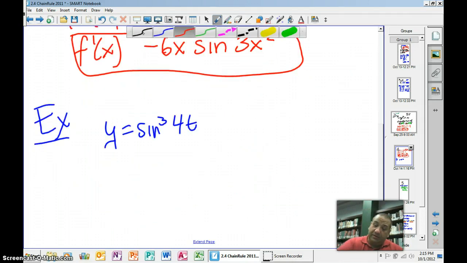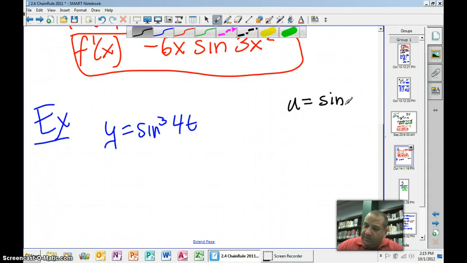Here it is. Sine cubed of 4t. I'm going to let u equal sine, I think. Let me go to my notes, make sure I can do this right. I'm pretty sure though.